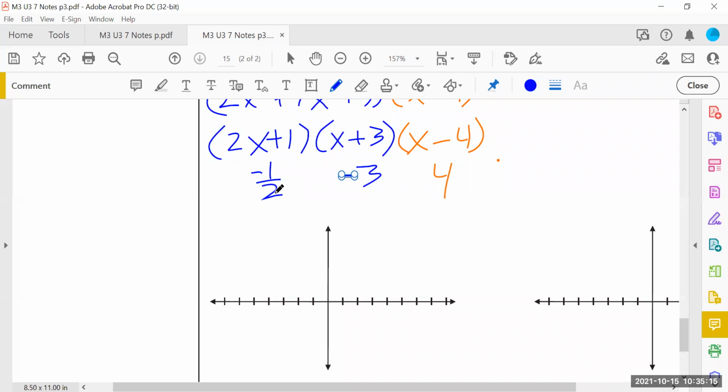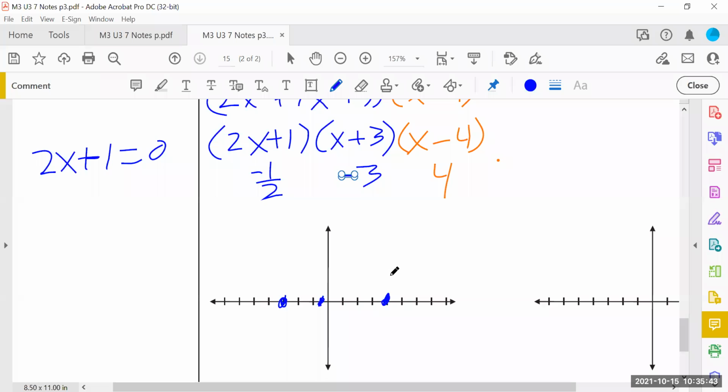We're going to call it -1/2. If you're not sure about that one, 2x plus 1 equals 0. Subtract 1, divide by 2. Does that make sense to everybody? So graph those. -1/2, -1, 2, 3, and +1, 2, 3, 4.